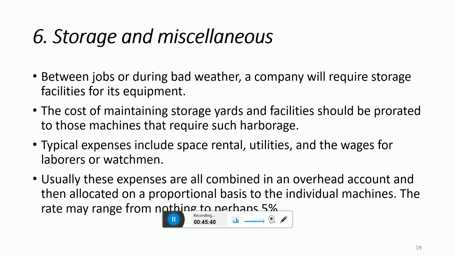So now we have discussed different elements of ownership cost, which included purchase expenses, salvage value, tax saving from depreciation, major repairs and overhauls, insurance, and storage and miscellaneous. These things are the ownership cost.